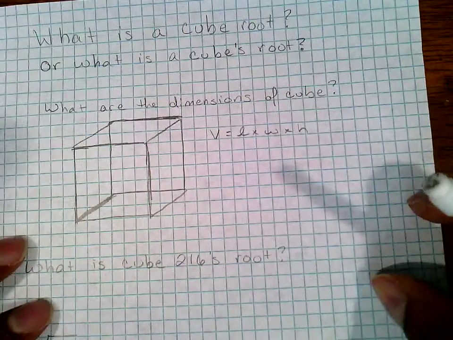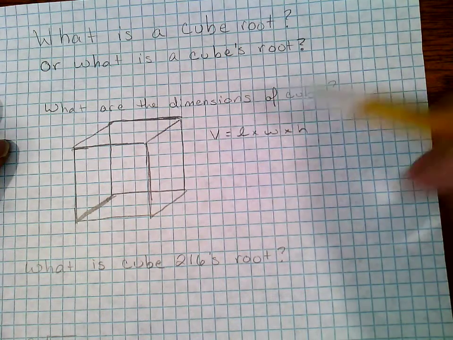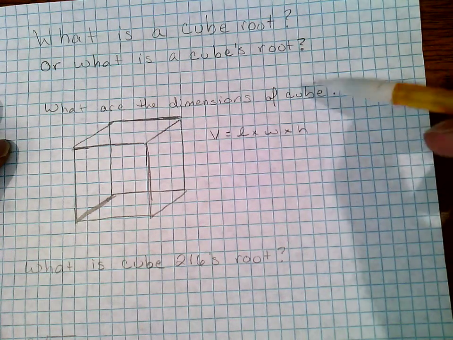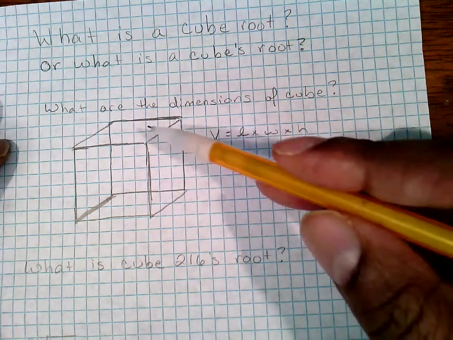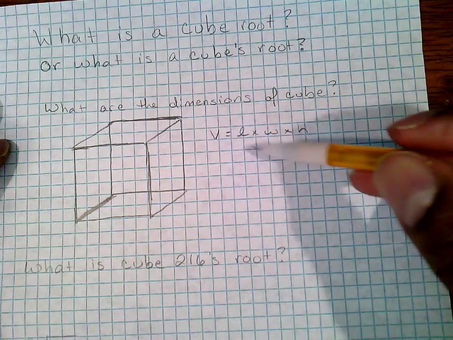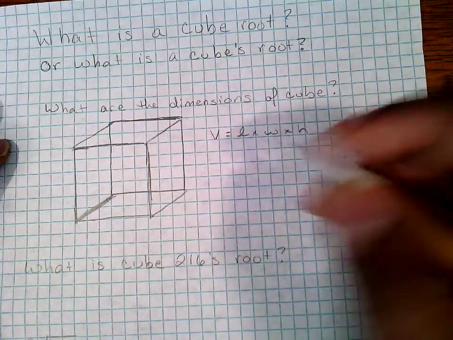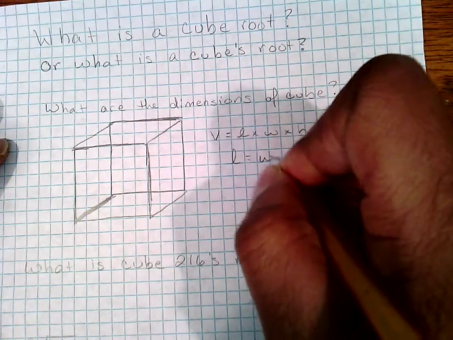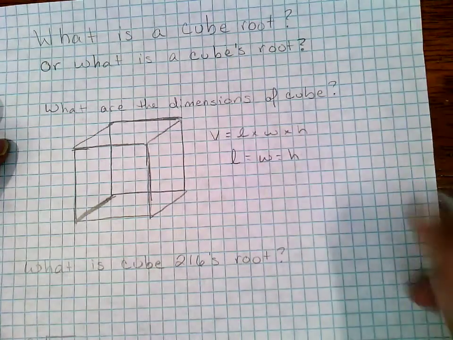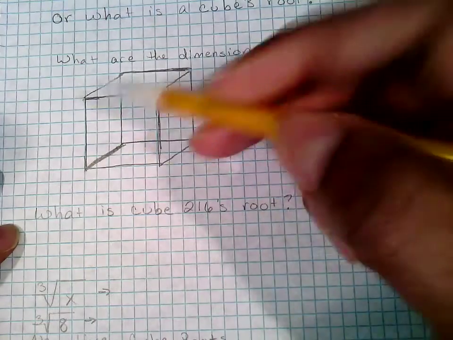All right, so what is a cube root, or what is a cube's root? So let's look at what are the dimensions of a cube. What would be the length, width, and height? Remember, on the cube, the length, width, and height are all equal. And so you do some block counting.